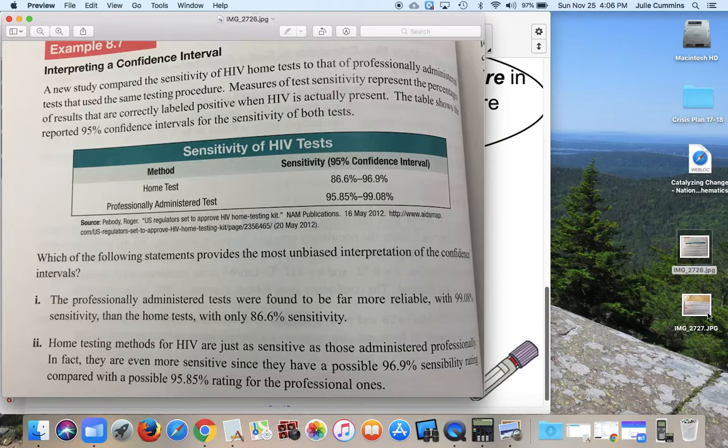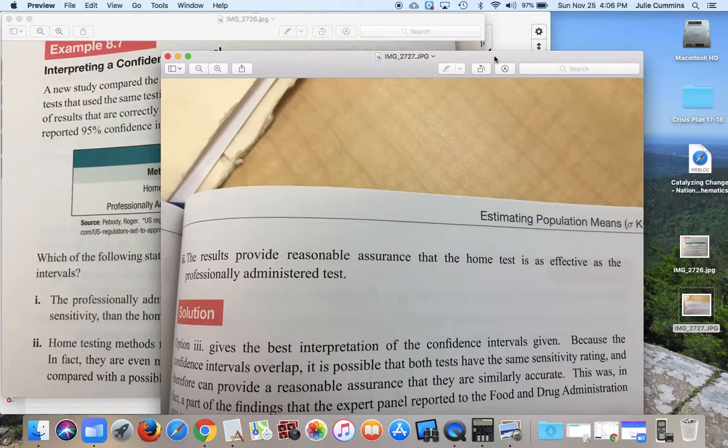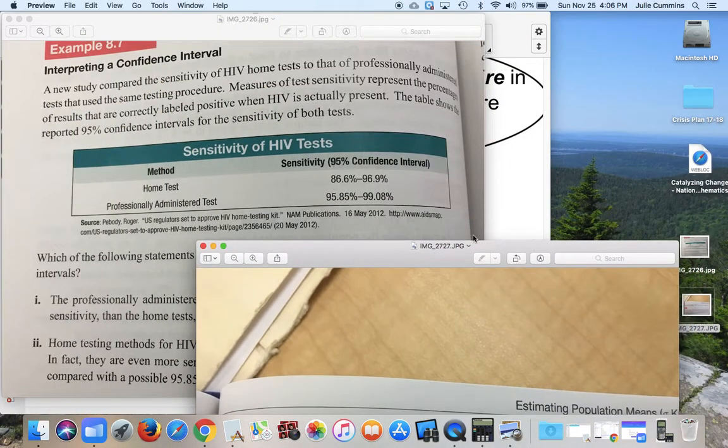Now, you have to flip over to the next page to see choice 3. Here it comes. The results provide reasonable assurance that the home test is as effective as the professionally administered test. This is true. The third one is true. And let's go back to that other one so we can see why. Notice that these two confidence intervals, 86.6 to 96.9 and 95.85 to 99.08, overlap.